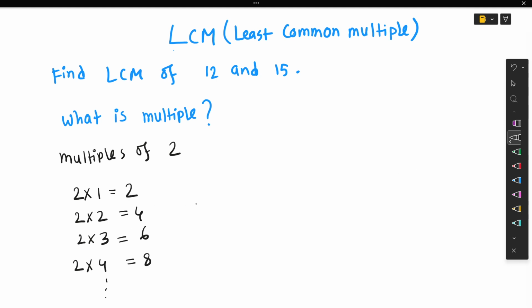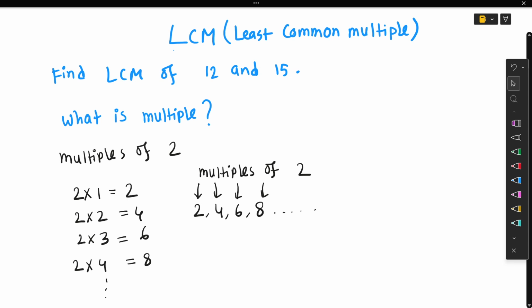So 2, 4, 6, 8 and so on, these are the multiples of 2.